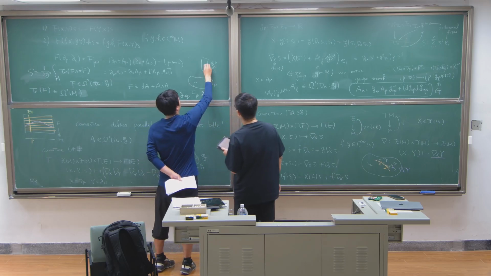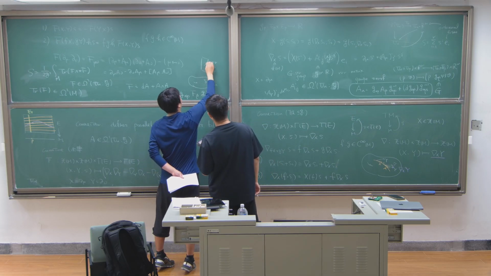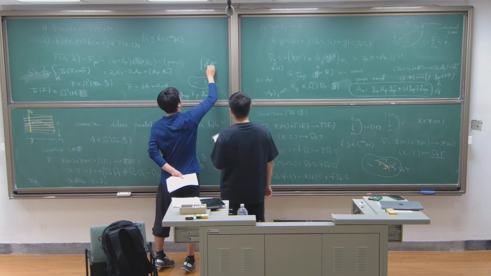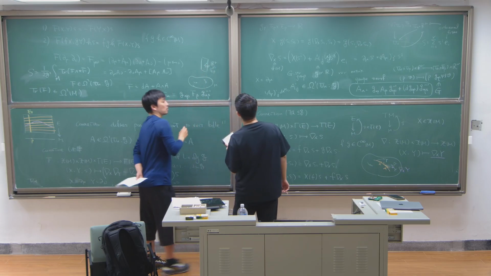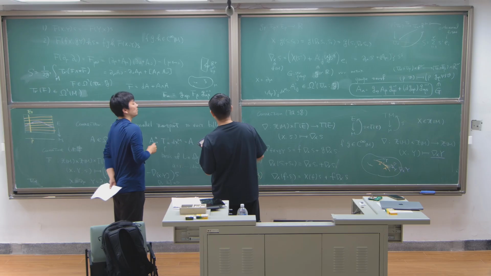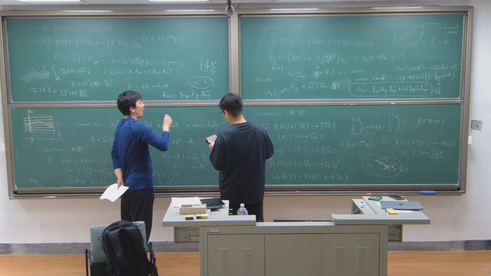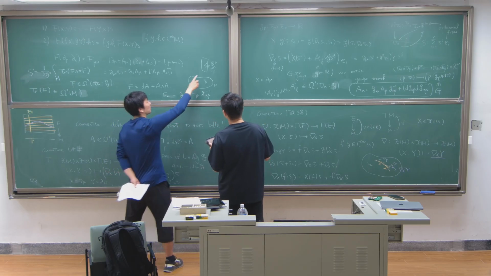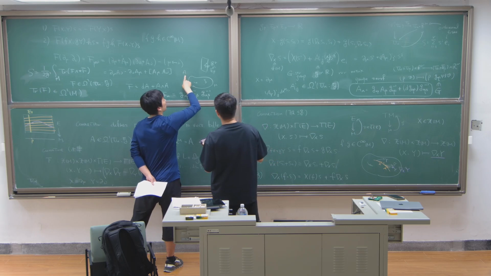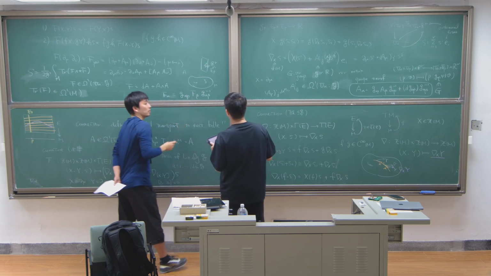The section at each point will take some vector. So the connection A acts as matrices on this vector.